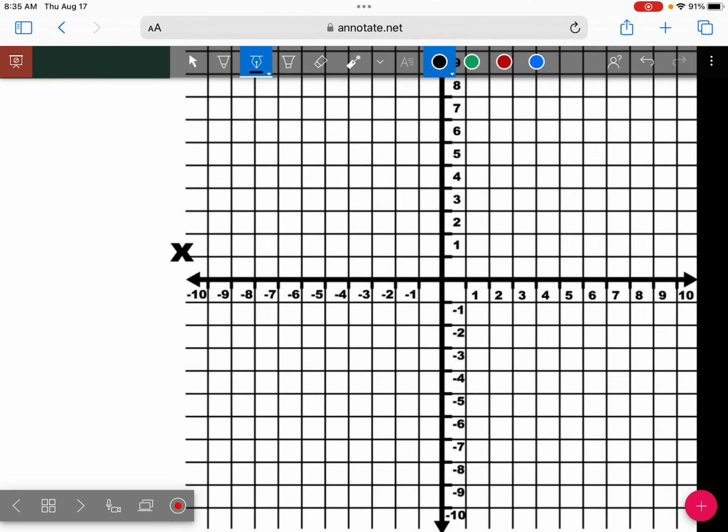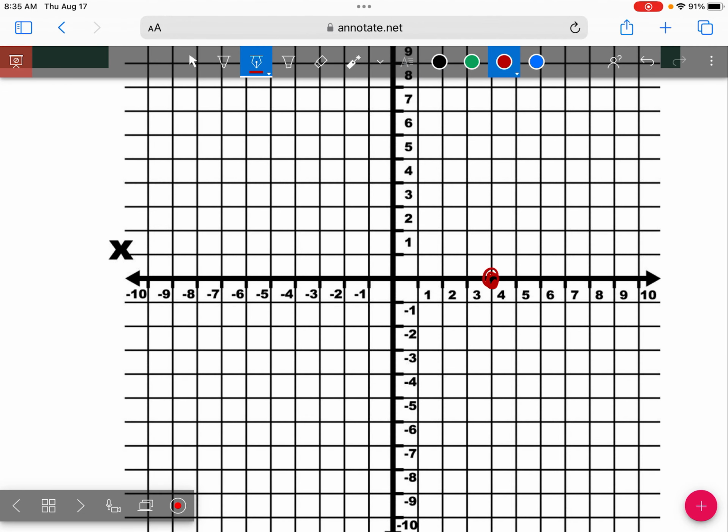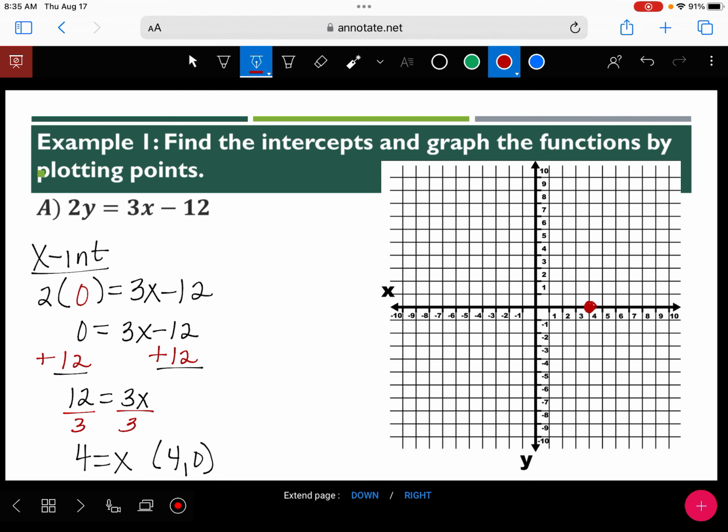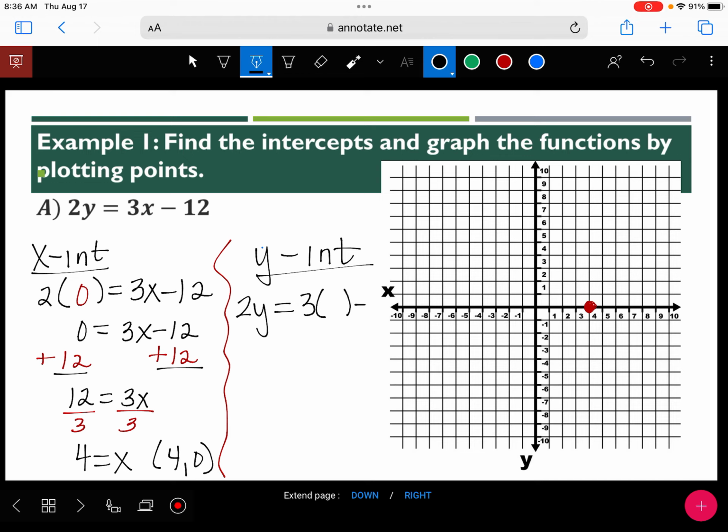So I'm going to go ahead and put a point on my x-axis at 4. So after you find your x-intercept, you plot that point on your x-axis. And now we're going to find our y-intercept. So our y-intercept is going to be 2y equals 3 times 0 minus 12.